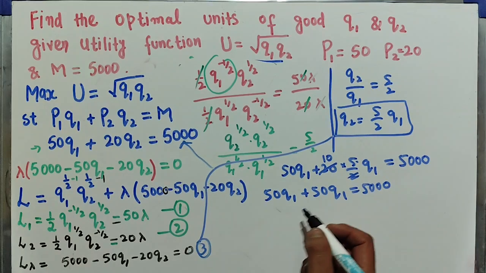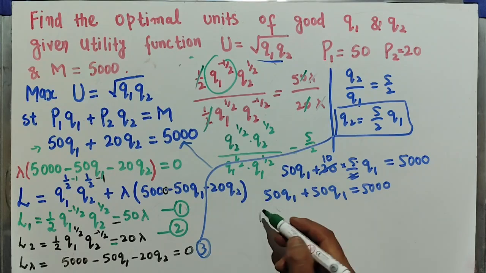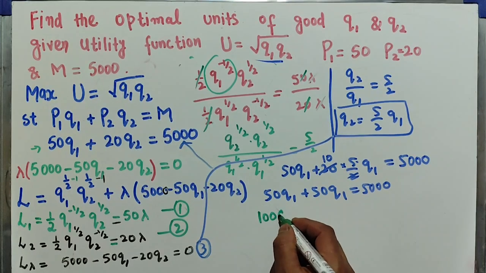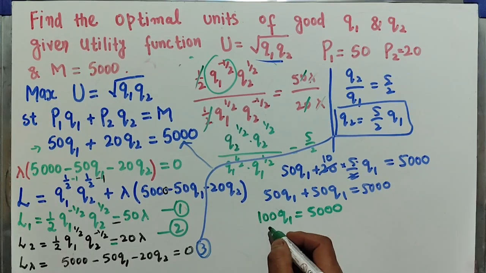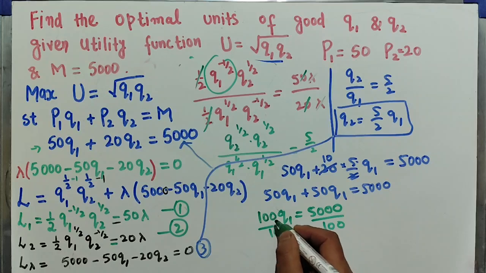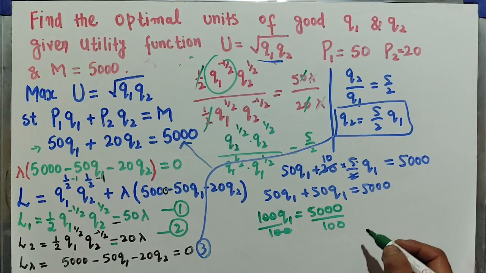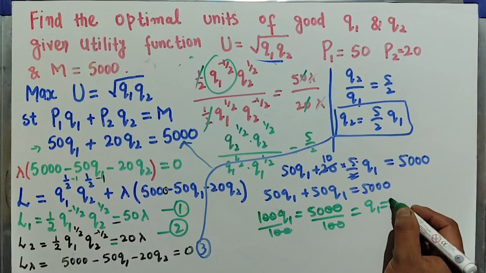Okay, so 50 plus 50 is 100 Q1. So we have 100 Q1 is equal to 5000. Dividing both sides by 100, this gets cancelled. We are left with Q1 will be equal to 50.